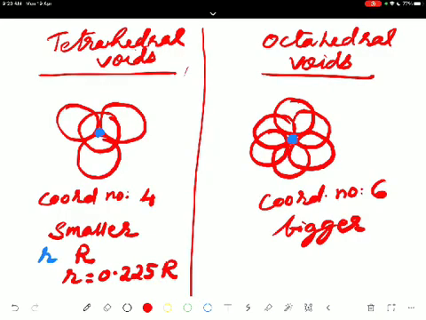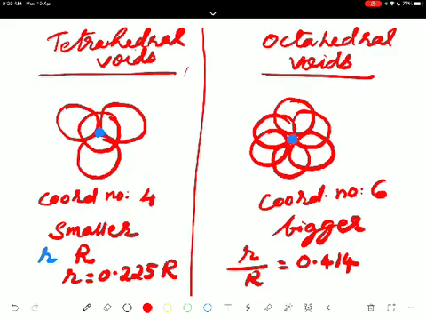In the case of octahedral void, small r upon capital R is equal to 0.414. We will be deriving these two radius ratios.